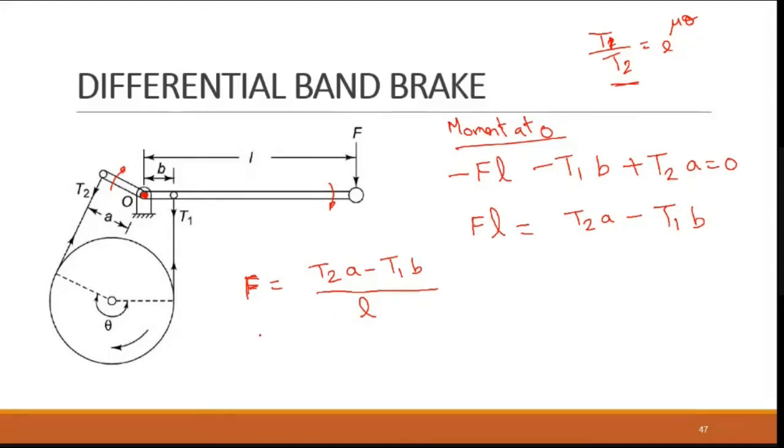When your force becomes 0, T2A is equal to T1B. So when your force is equal to 0, or when your force is negative, we say that it is self-locking.